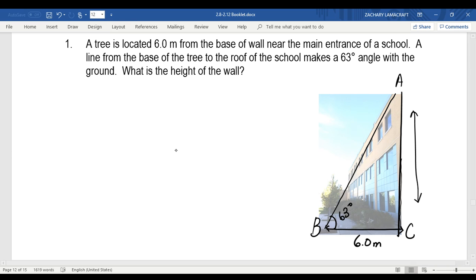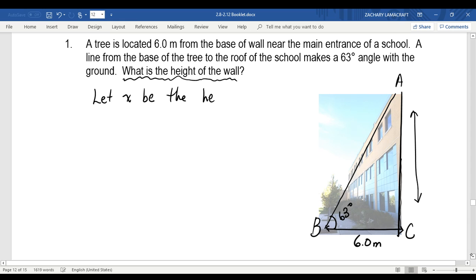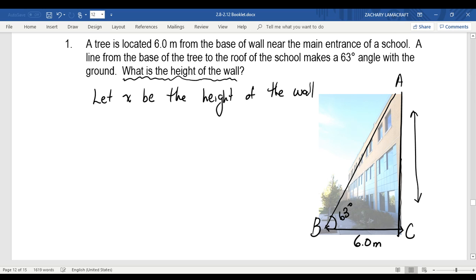Whatever it says in the last sentence of one of these application questions typically is what we're trying to find, or the unknown. So the unknown here is the height of the wall. So what will our let X be statement look like? Exactly. Short and sweet. Let X be the height of the wall.